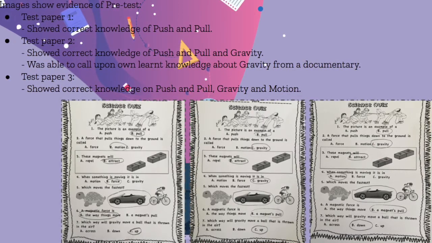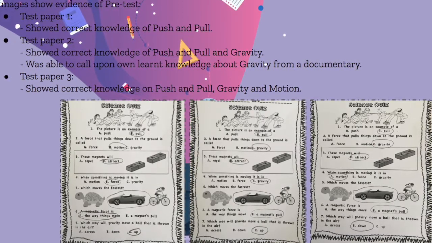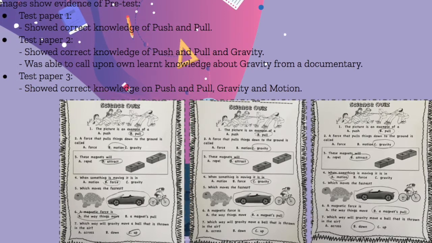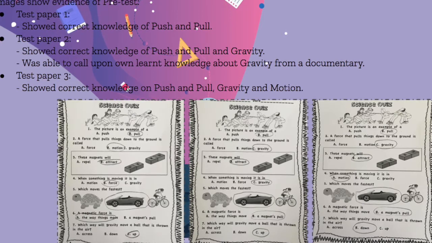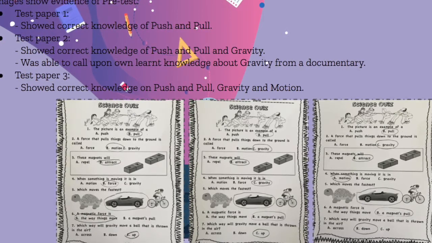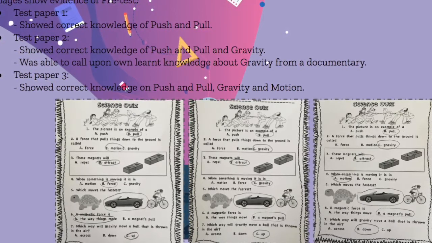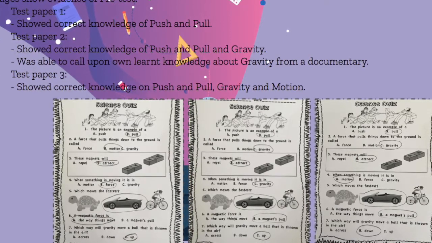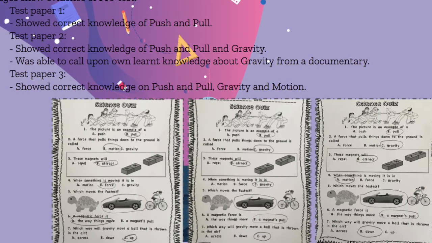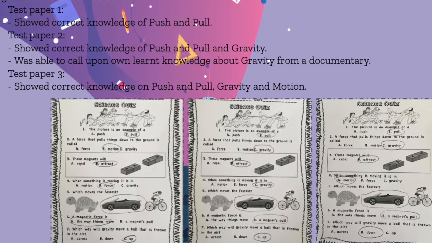Each test highlights their prior knowledge, their thought process while answering questions on the test. Test paper 1 showed correct knowledge of push and pull. Test paper 2 showed correct knowledge of push and pull, and some knowledge on gravity. Student 2 was able to call upon own learnt knowledge about gravity from a documentary.